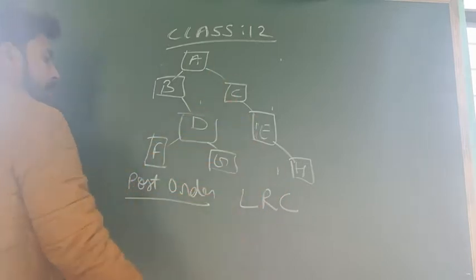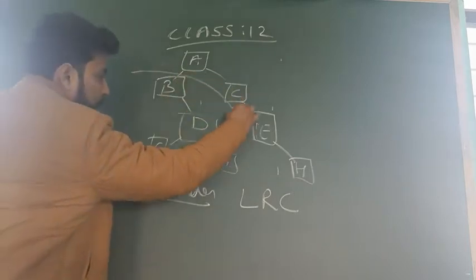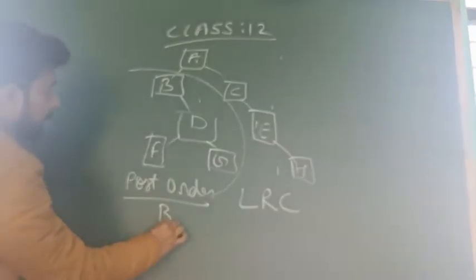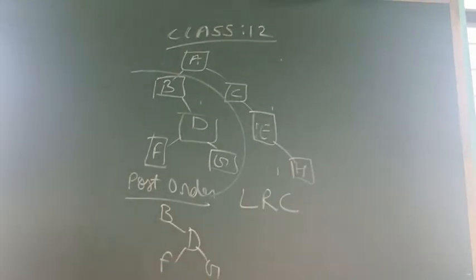C is the root. Okay. So first we have the left. So left is this one, that is your B, D, F, and G. Your left is B, D, G. Is it visible now?